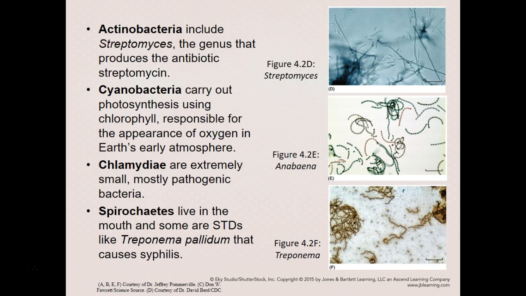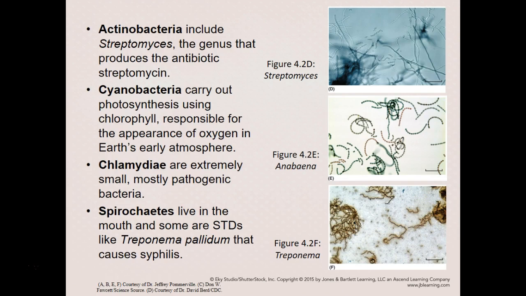But that doesn't mean that they are viruses. They are obligate intracellular parasites, but they also are living organisms that have their own DNA. They can replicate on their own, or they can replicate inside of our cells. And they have peptidoglycan, they have the cell structure and everything.